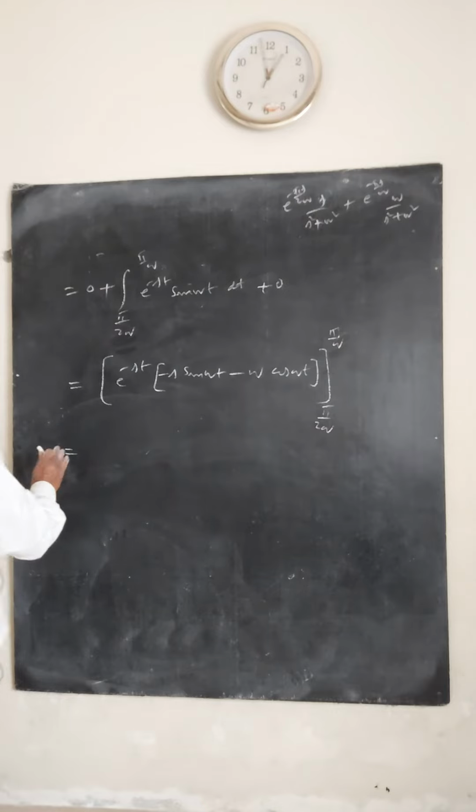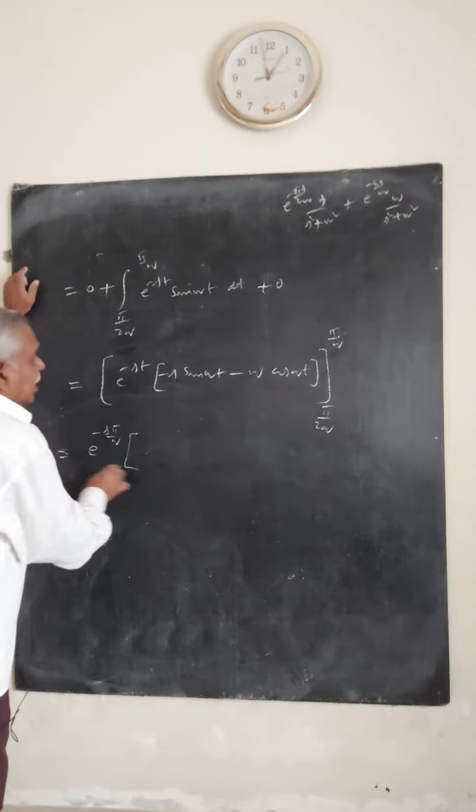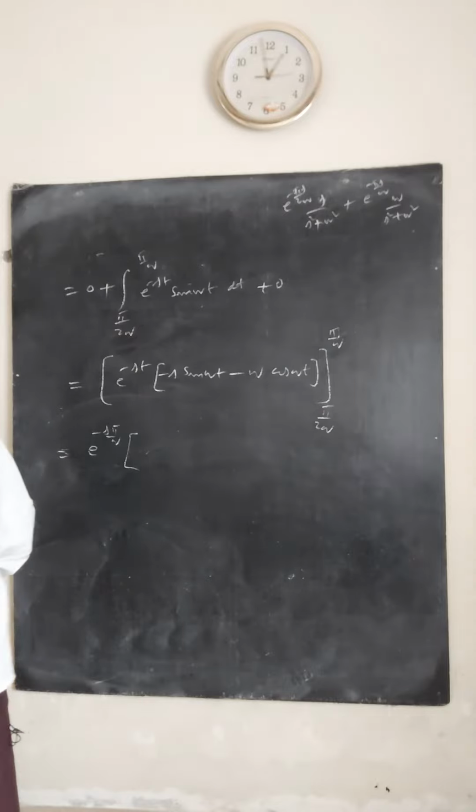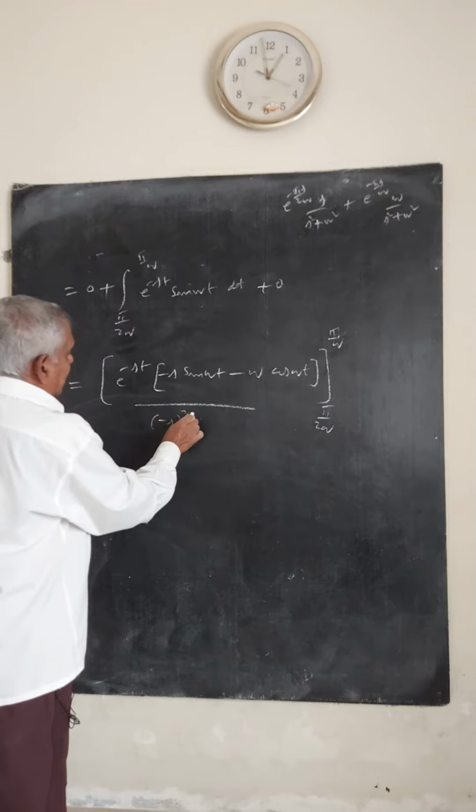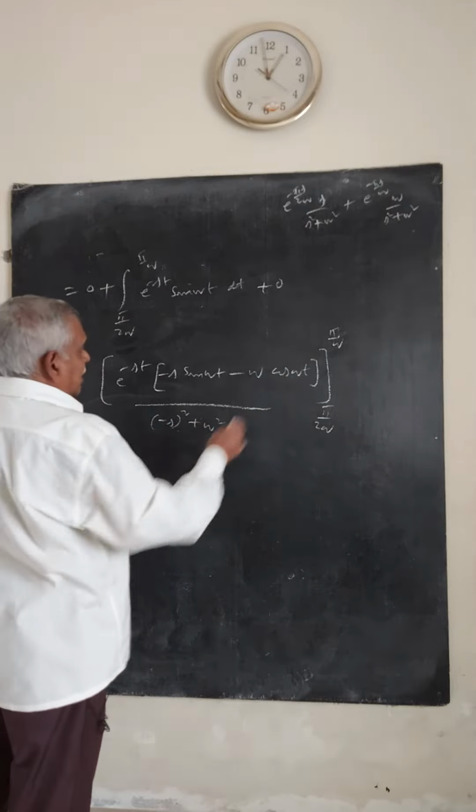Let us give the upper limit e power minus s pi by omega, divided by minus s square plus omega square. I have not written the division.